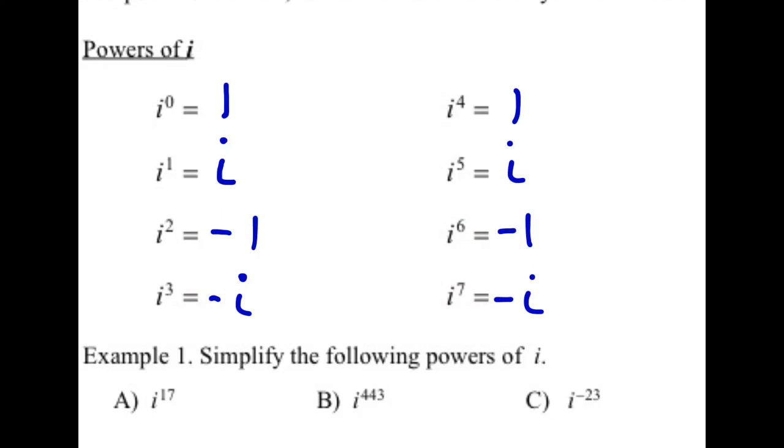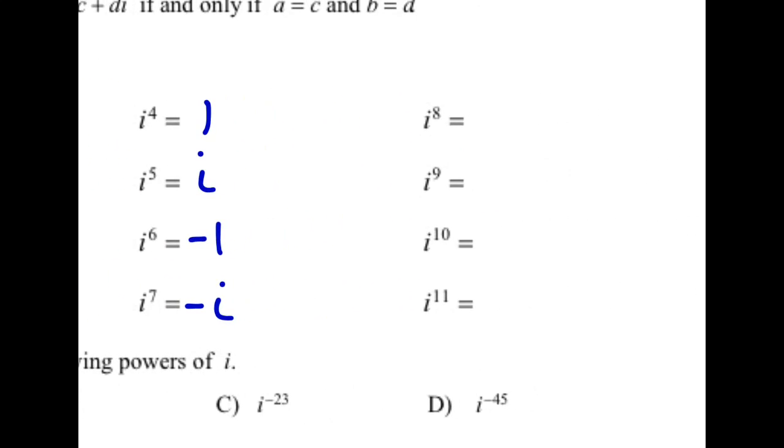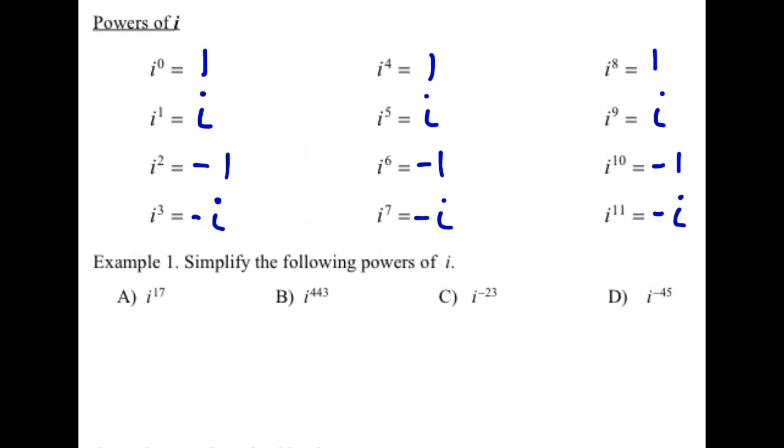As you keep multiplying by i, you move from 1 to i, to negative 1, to negative i, back to 1, i, negative 1, negative i, and that just keeps repeating by the same logic. So i to the 8 is going to be 1, i to the 9 is going to be i, i to the 10 is going to be negative 1, and i to the 11 is going to be negative i. And repeat. Forever. It'll work that way.